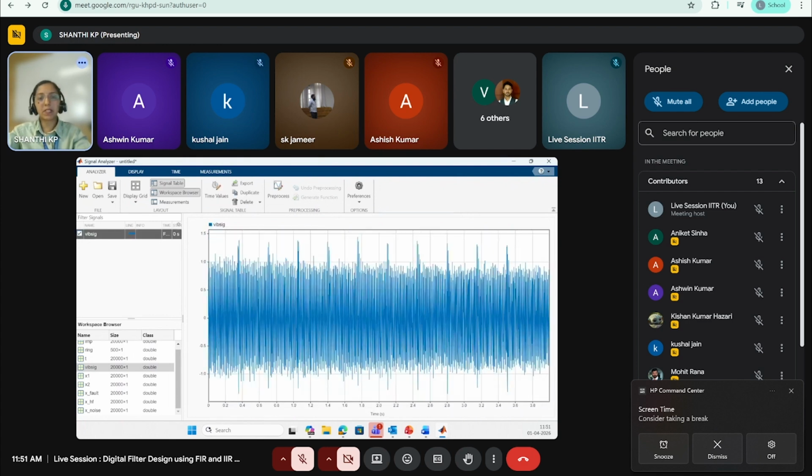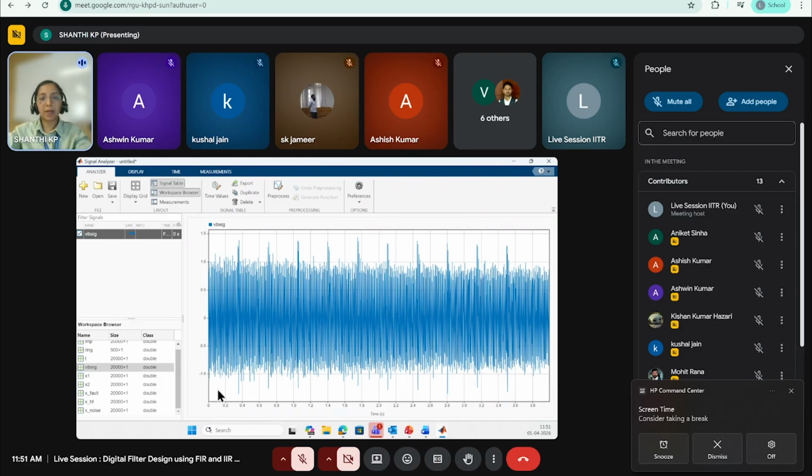But it's hard to justify the filter cutoffs just by analyzing the waveform in the time domain, right? You can't actually get the frequency information from this visualization. So for that, we need to visualize the spectrum of the signal.